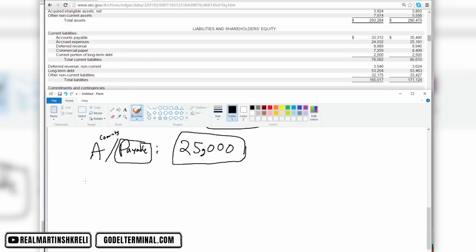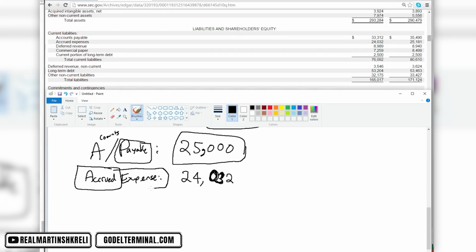Accrued expenses. So the difference between accounts payable and accrued expenses is pretty subtle, and I won't belabor it. But think of accrued expenses as simply expenses that you are going to have to pay. And again, we'll talk about accruals and things like that. This is not an accounting class, but we'll definitely have to talk about accruing an expense over time. For example, if you have a contract with somebody.